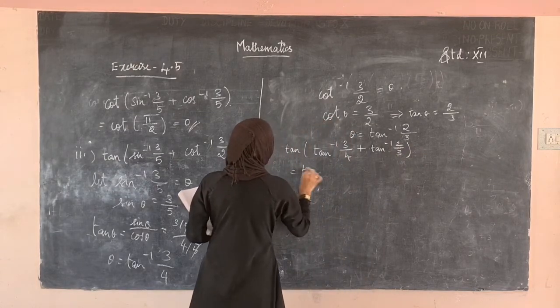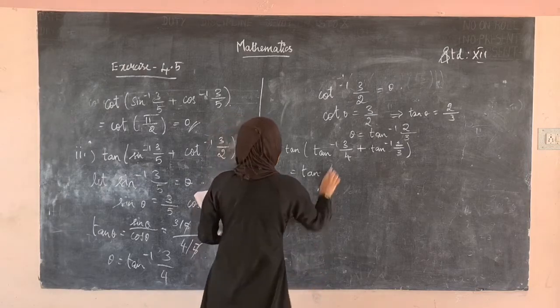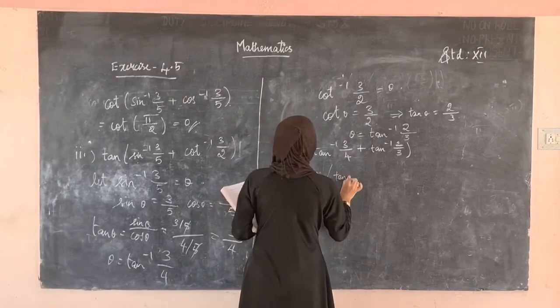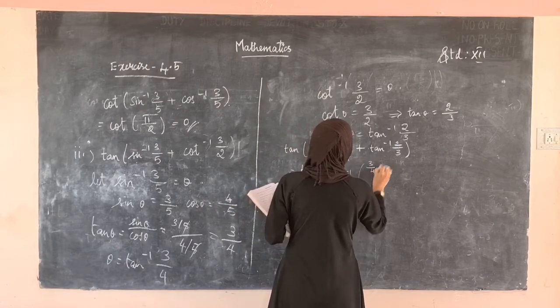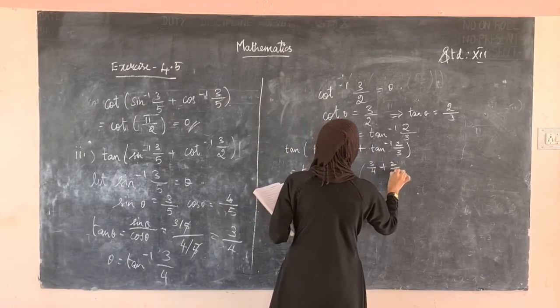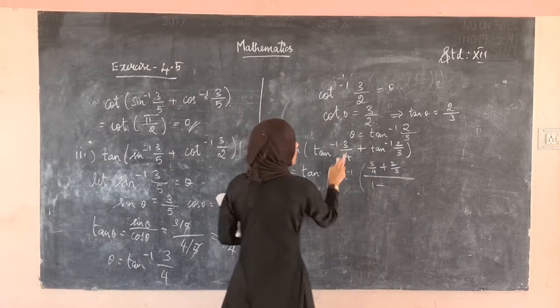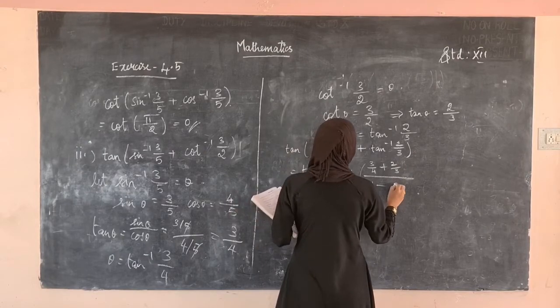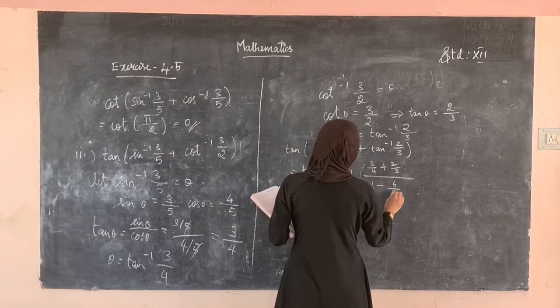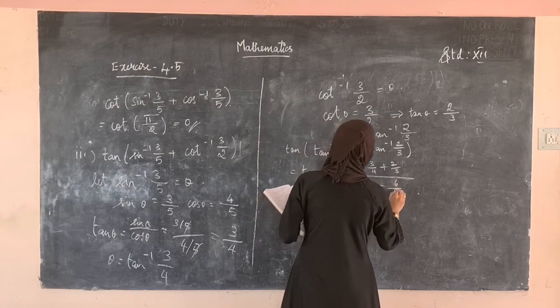Now, tan as it is, tan inverse of A plus tan inverse of B. Applying the formula, tan inverse of A plus B over 1 minus A into B: 3 by 4 plus 2 by 3 divided by 1 minus 3 by 4 into 2 divided by 3. Okay, 6 divided by 12, let it be as it is.